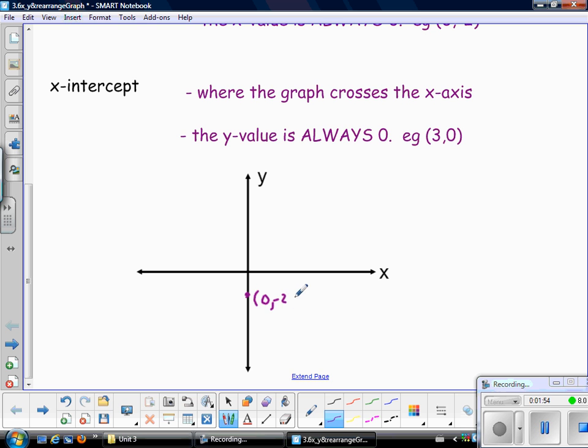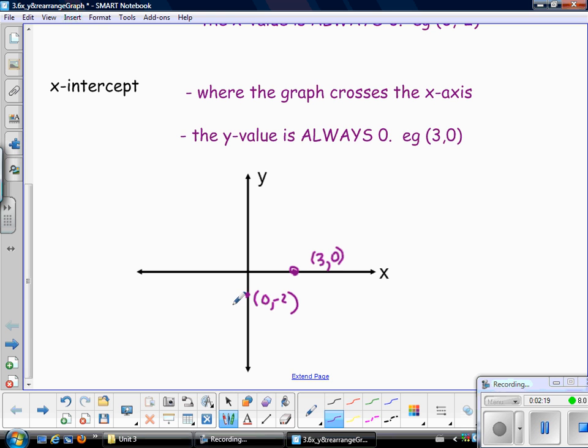So any point on the y-axis is going to have x equal 0. And similarly, for the x-axis, if I have it crossing at 3 on the x-axis, that point will have the coordinate 3, 0. And in fact, any point on the x-axis has the y-coordinate equal to 0.